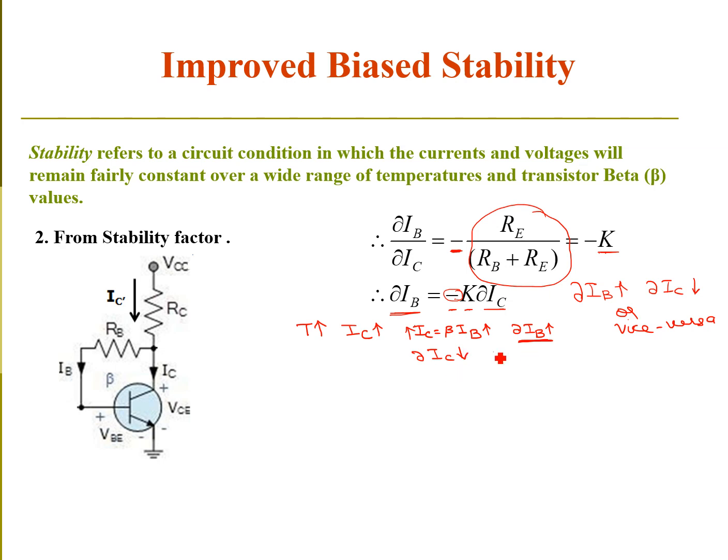That implies that IC has reduced. So rise in temperature is causing IC to increase, and because of the biasing circuit arrangement, IC is further dropped. So, as I said, there is a small amount of temperature stability over here.